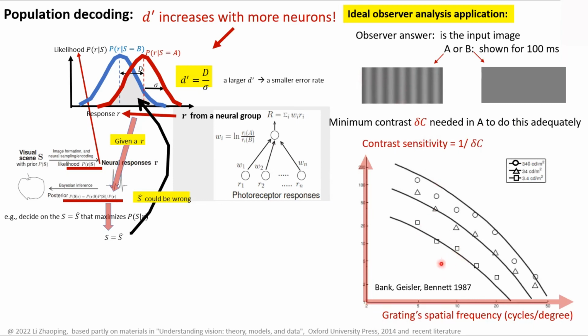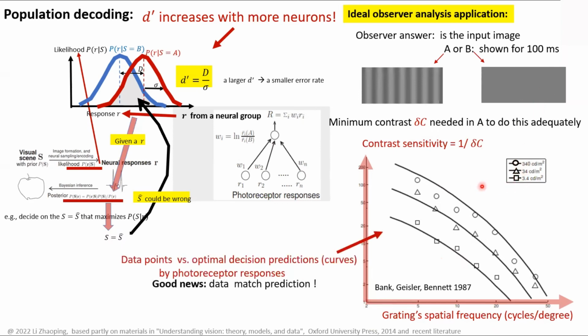The data points are the observers at three different overall mean levels of light. And the curve is in fact from this optimal decoding of the photoreceptor responses, which are very well known physiologically, how they respond to light. The good news is that data match prediction. Fantastic.